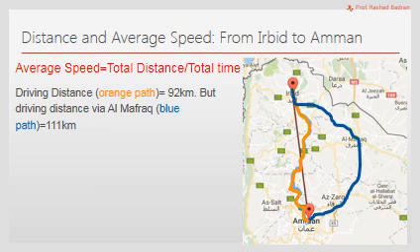However, the other path, which is via Al-Mafraq, has a different distance of 111 kilometer. If we decided to find the average speed in both cases, we should have the time for each trip.